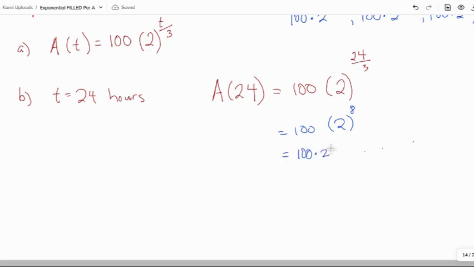So this really is 100 times 256, which is 25,600, right? We're adding 2 zeros. Of course, use your calculator. Yeah, we might have to use scientific notation. Absolutely. So what does 25,600 mean?